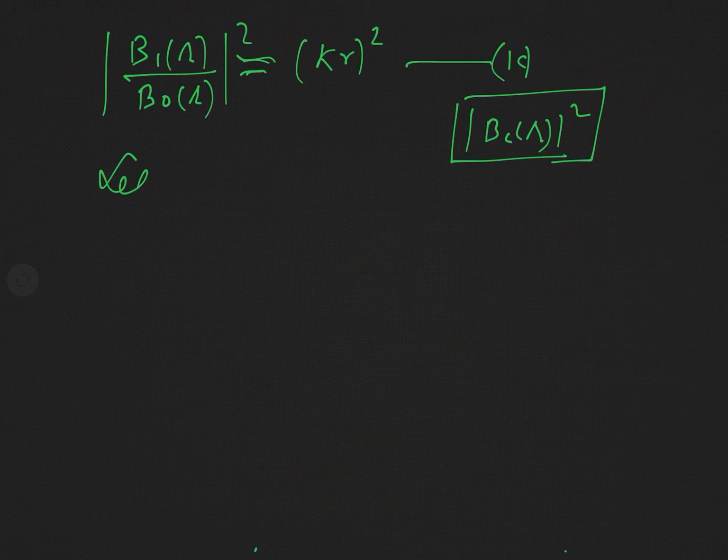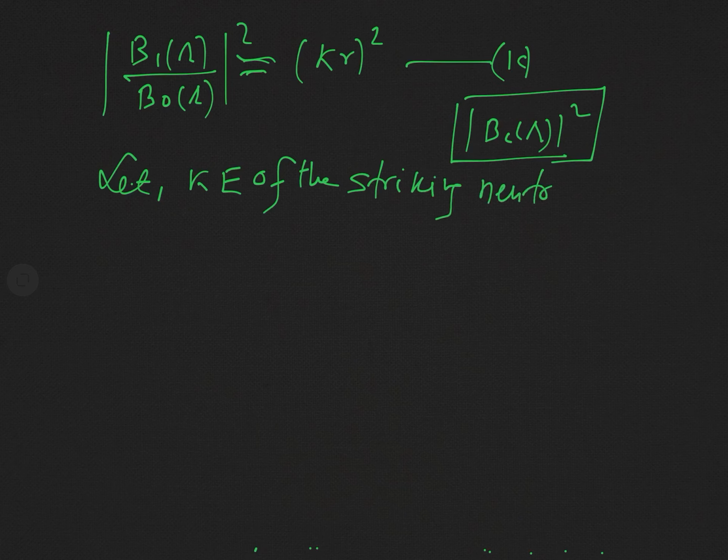Let us say the kinetic energy of the striking neutron, let us say E, is 1 MeV in the L system. L system means laboratory system.